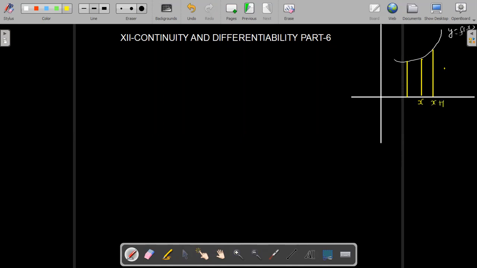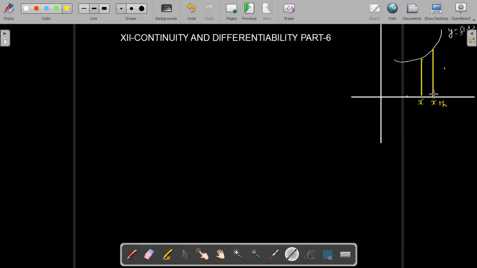We will go ahead with x plus h. We don't need to check x minus h, it is not required here, because we are going to prove f(x plus h) minus f(x). So this is the increment given.